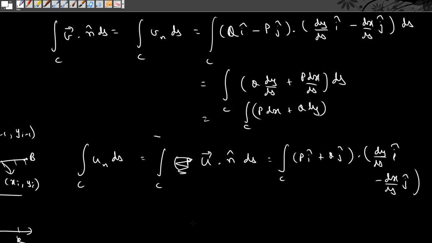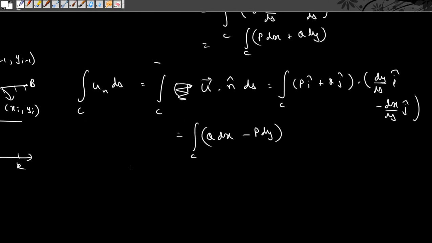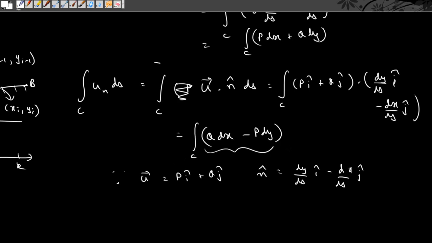So this will give us integral over c of q dx minus p dy. This is because u is p i hat plus q j hat and n hat is dy by ds i hat minus dx by ds j hat, and when we take that dot product, we get this particular quantity for the integral.